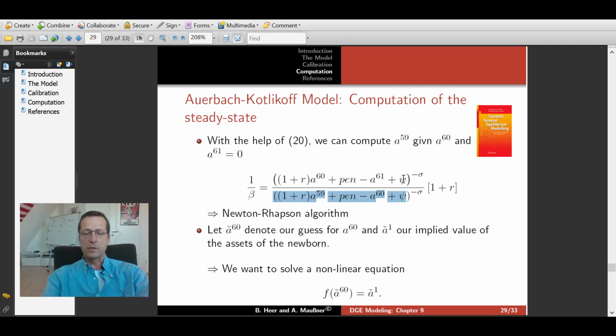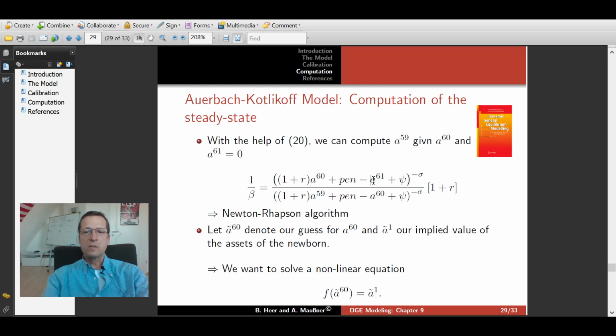Notice that we have this small constant psi here, which is equal to 0.001. R is the interest rate, beta is the discount factor, and we have 3 variables in the model: the wealth level at age 60, the wealth level at age 61 and the wealth level at age 59.